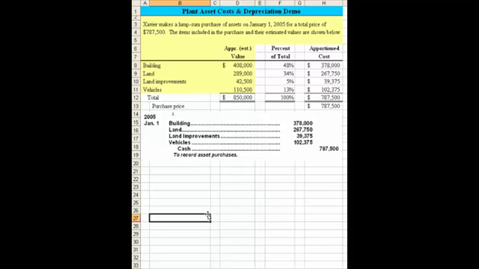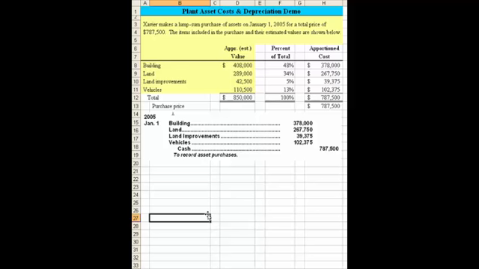Once we have our apportioned cost, we use those values to record the dollar amounts in the various accounts we need to put on the books. And since we paid cash, the credit would be to cash in the total purchase amount of $787,500.